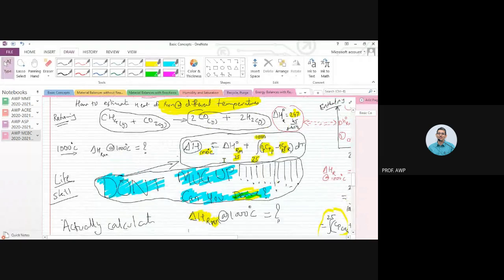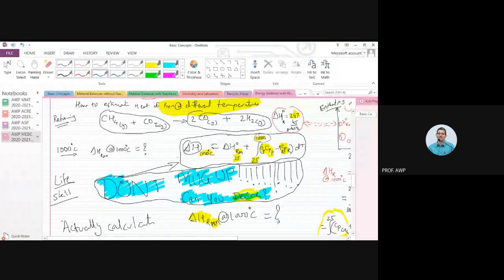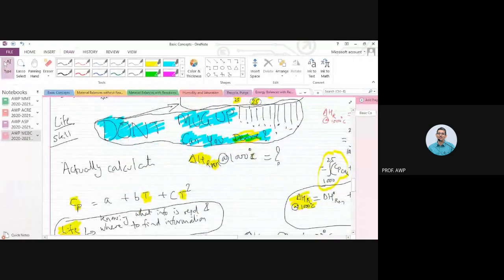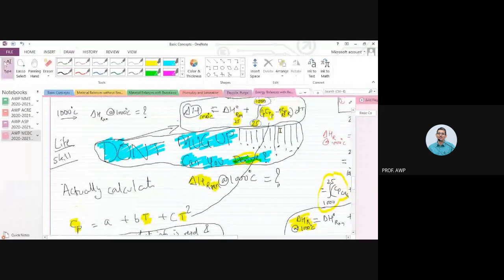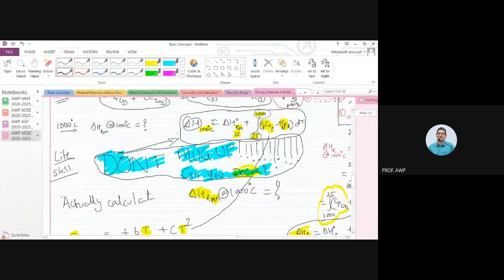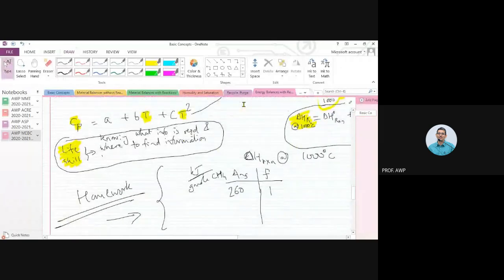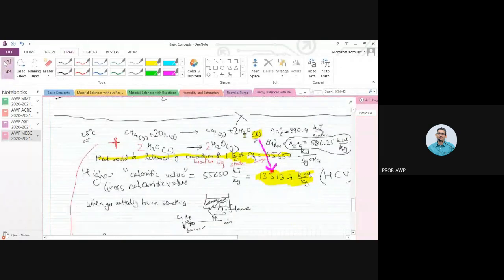The temperature limits of integration will depend on what the units of temperature are in the Cp equation. If temperature in the Cp equation is written in degrees centigrade, these limits of integration will be in degrees centigrade. If it is written in Kelvin, it will be in Kelvin. You will have to convert one from the other.